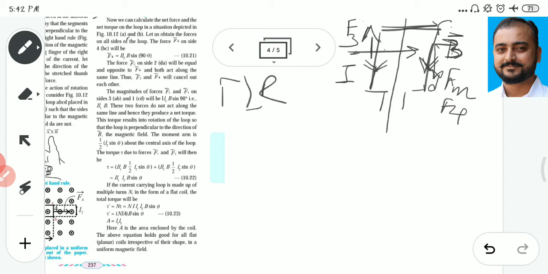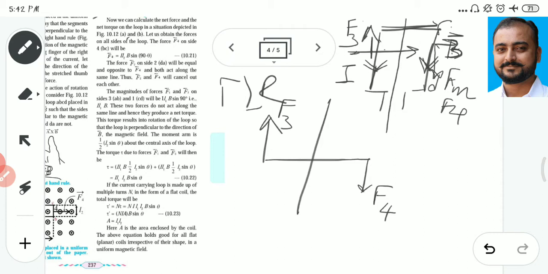So these two forces act, one in the upward direction and one in the downward direction, about the certain axis of rotation.